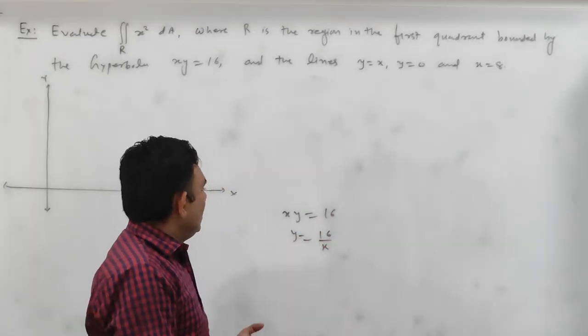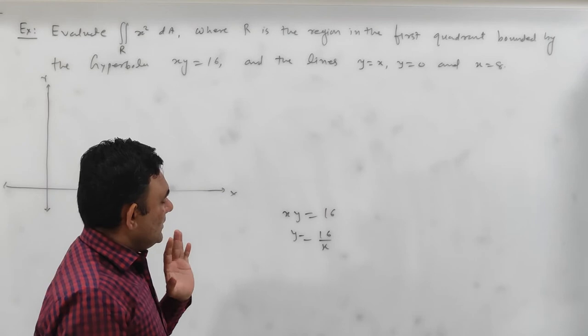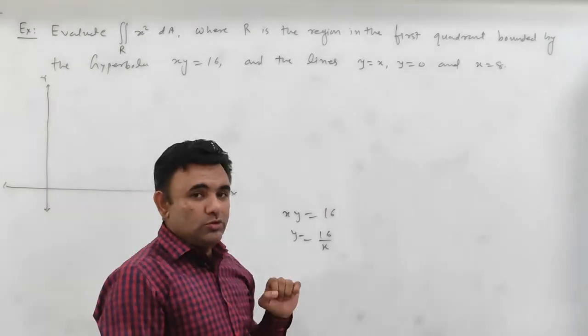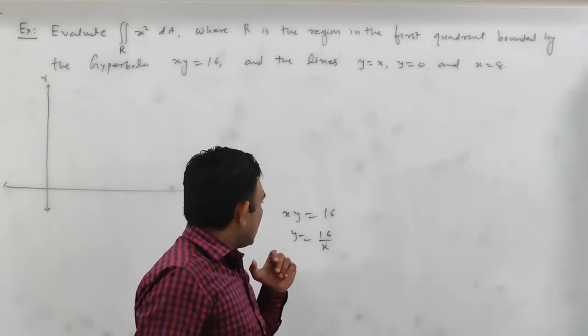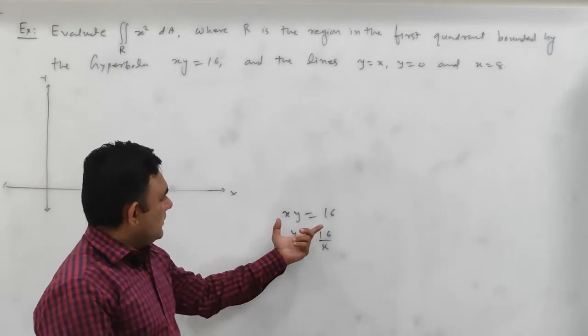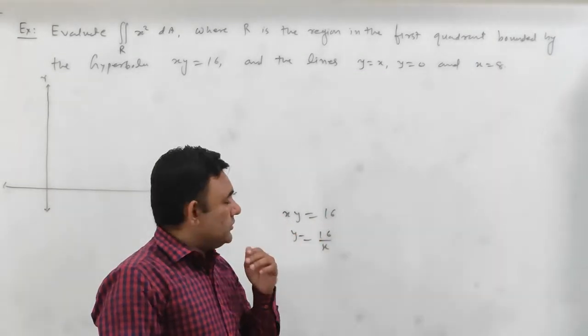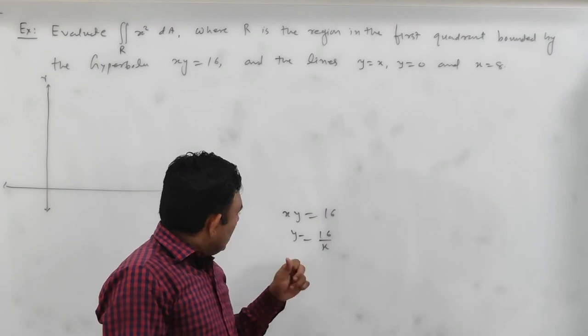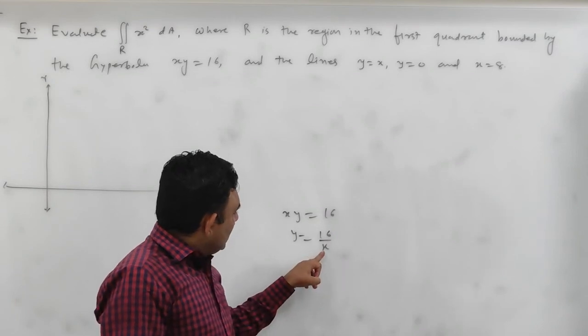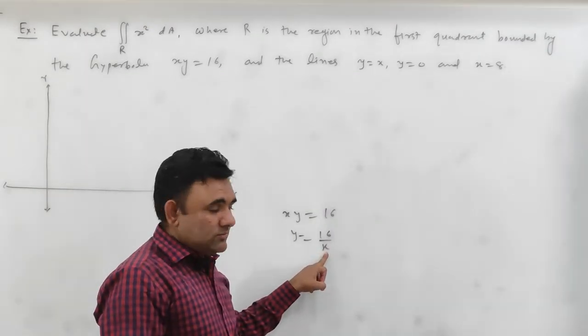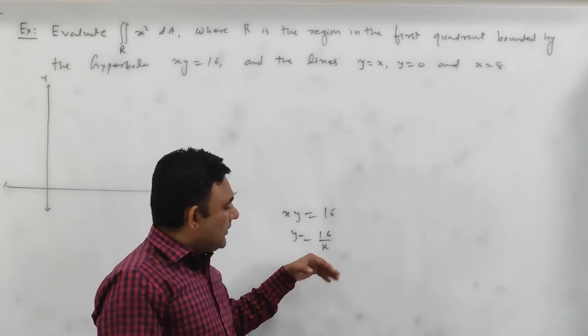So obviously the graph will not pass through 0, 0.